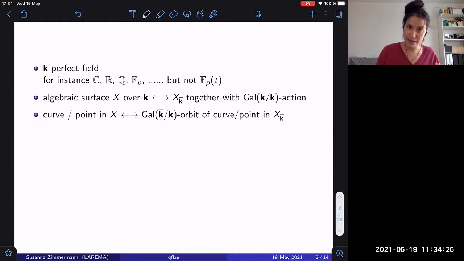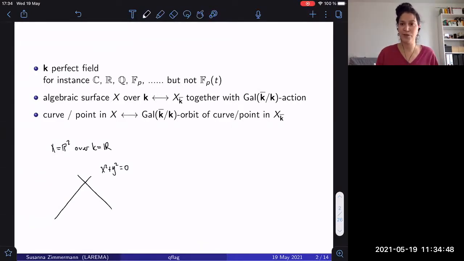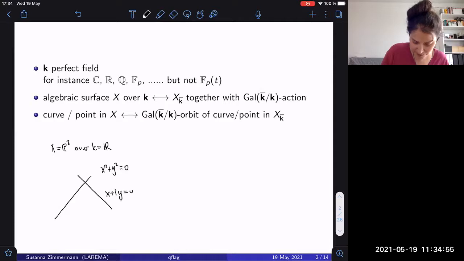To make an example, I'm setting myself in P^2 over R, so K is equal to R. For instance, I can look at the curve x squared plus y squared equal to 0. This is an irreducible curve over R. Over C, it has two irreducible components, x plus iy equal to 0 and x minus iy equal to 0, and the Galois action exchanges the two.